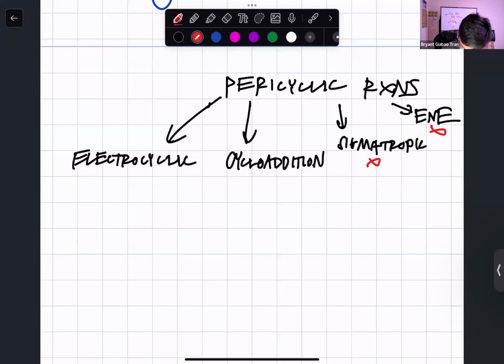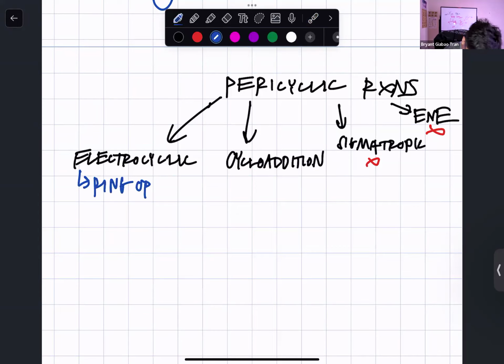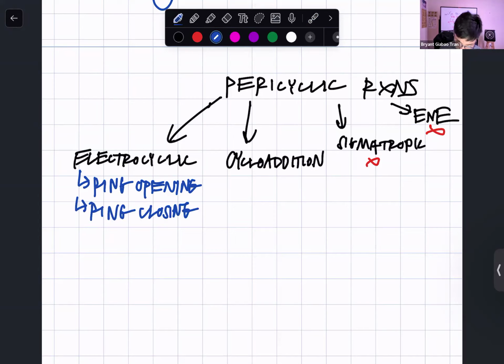Don't worry about sigmatropic or Ene. But you guys did learn about cycloaddition and electrocyclic, and more specifically for electrocyclic, you learned about ring opening and ring closing in heat or light giving conrotatory or disrotatory configuration. Cycloaddition, you guys learned specifically 4 plus 2, aka Diels-Alder.